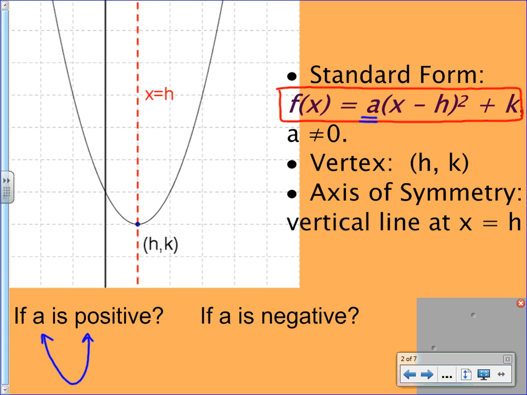And no matter what, if A is negative, then our parabola is going to open down. This is not only going to be important for graphing, but later on as well.